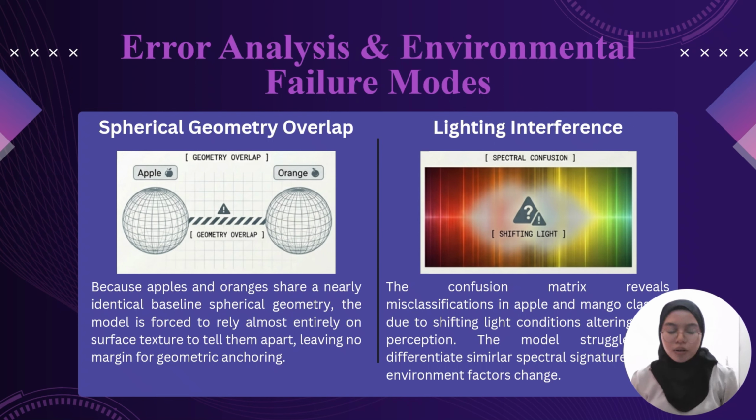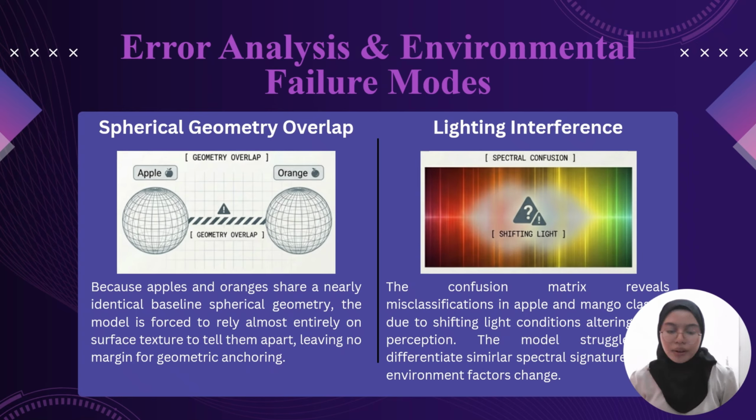It is forced to rely almost entirely on micro texture and surface rind details, leaving zero margin for error. Okay, the second one is the confusion matrix highlighting lighting interference. Okay, what we call the spectral confusion.